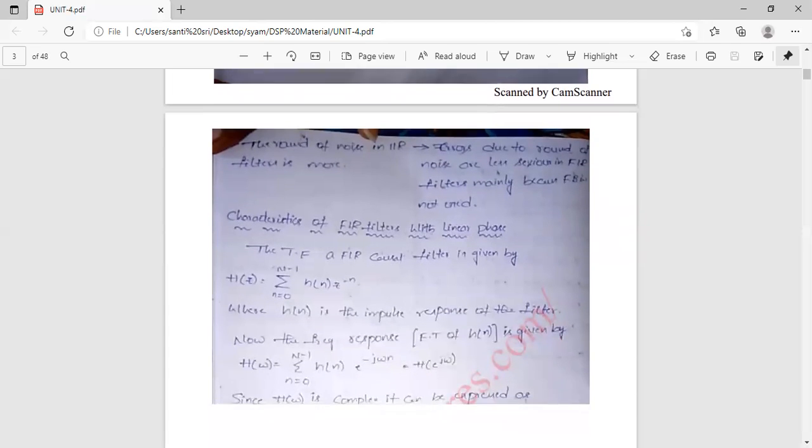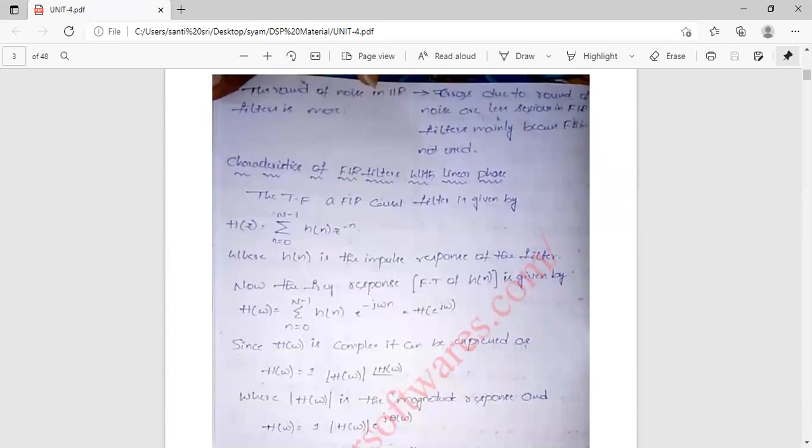Next, coming to the characteristics of FIR filters with linear phase. Characteristics of FIR filters: finite duration unit impulse response filters, that is FIR filters. The transfer function of FIR causal filters is given by H of z equal to sigma n equal to 0 to N minus 1, h of n into z power minus n.